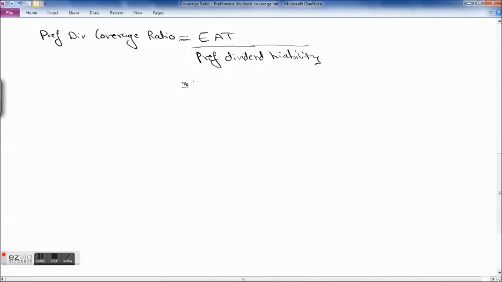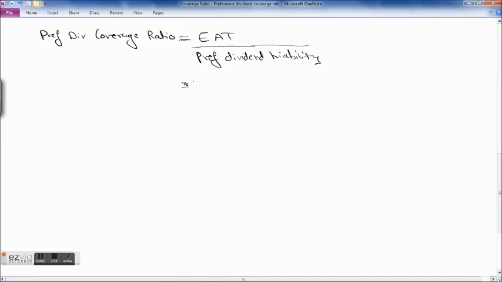That is why we are considering profit after tax. Okay, so this ratio in short indicates the margin of safety available to the preference shareholders, and similar to your debt interest coverage ratio, a higher ratio is desirable from the preference shareholders' point of view.